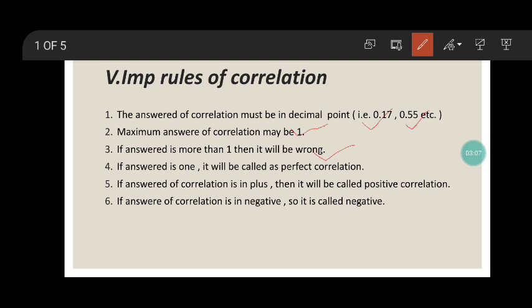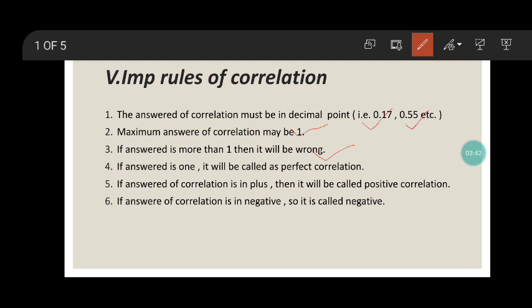Just assume you have applied the formula, you have calculated the coefficient of correlation between the two variables, and now your answer comes to 1.5, 2, 3, 2.5. In these cases it indicates that whatever answer you have calculated is wrong, because in correlation analysis your coefficient of correlation can never be more than 1. And if it comes to more than 1, it is the indication that the problem you have solved is wrong.